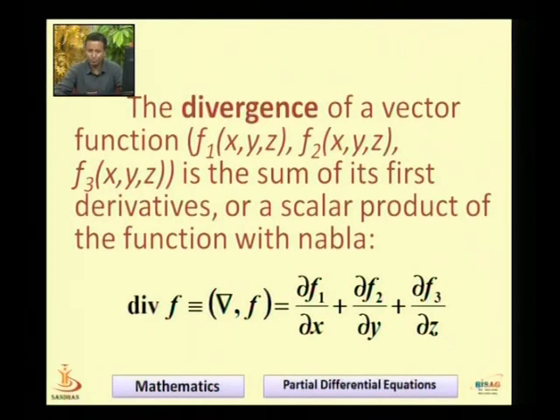It will give you a scalar value at each point of the space. So divergence of f is del dot f. f has its components along x, y, z directions, f1, f2, f3. These f1, f2, f3 may be functions of x, y, z. Then del dot f is del f1 by del x plus del f2 by del y plus del f3 by del z.